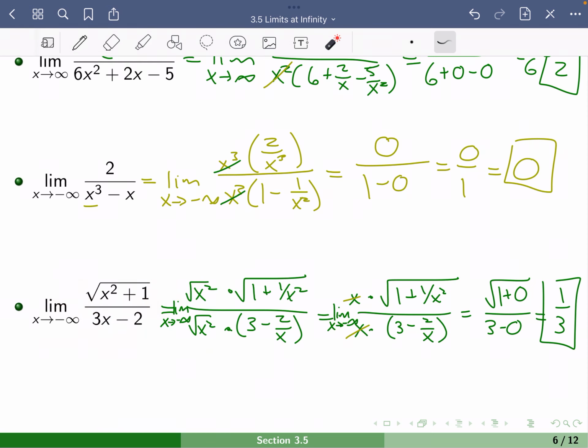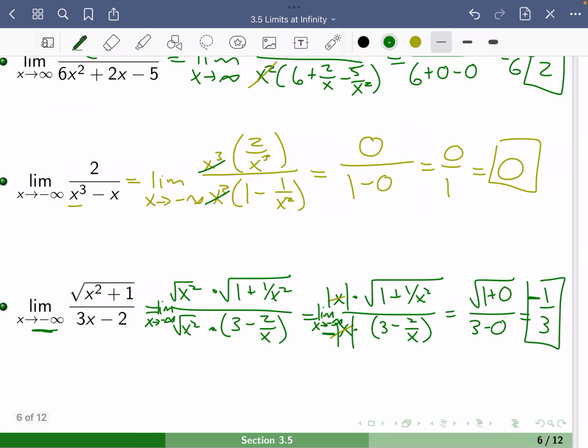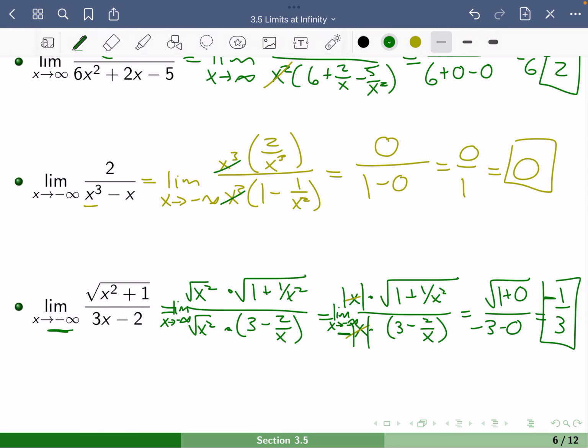So what we ultimately should end up with is negative 1/3. When we factored this out, we should have actually picked up the absolute value of x, which is a negative x when x is heading towards negative infinity. So we should get negative 1/3 as our answer there.